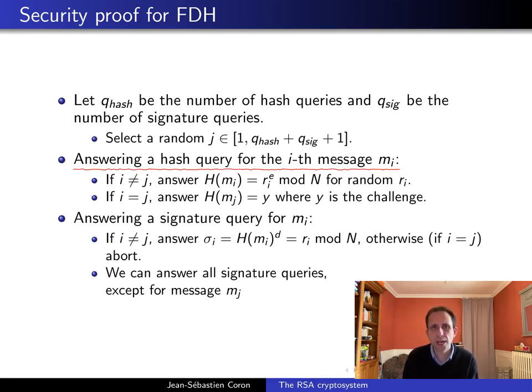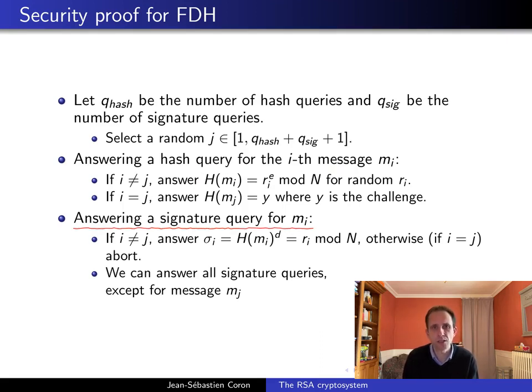Then when we receive a hash query for the message number i, if i is different from this specific index j, we program the hash function so that h of mi is ri to the e modulo n for some random ri, so it is uniformly distributed as required. And if i is equal to j, then we say that the hash value of mj is y, where y is the challenge, and we assume that y is uniformly distributed modulo n by definition.